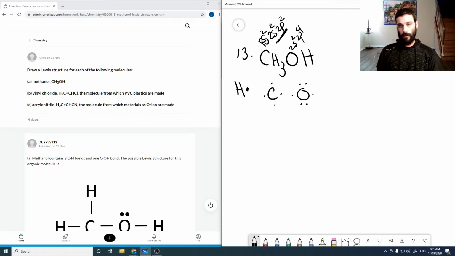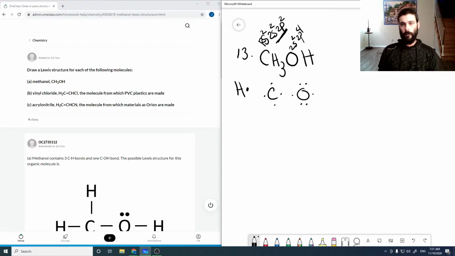We represent it like this, where we get 4 in, and then we pair them up as we go. And I've placed them on opposite sides, as that is the typical way. For the most part, paired electrons want to be as far away from each other as possible.